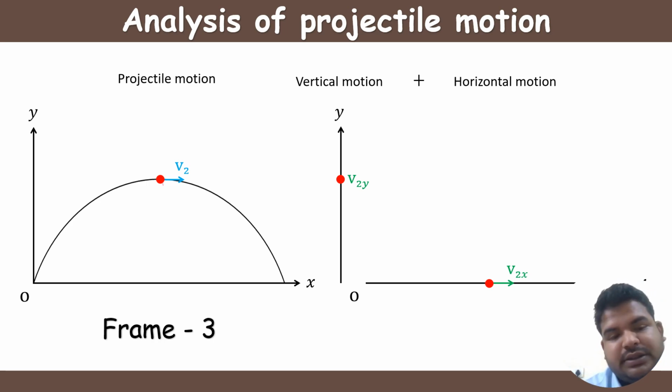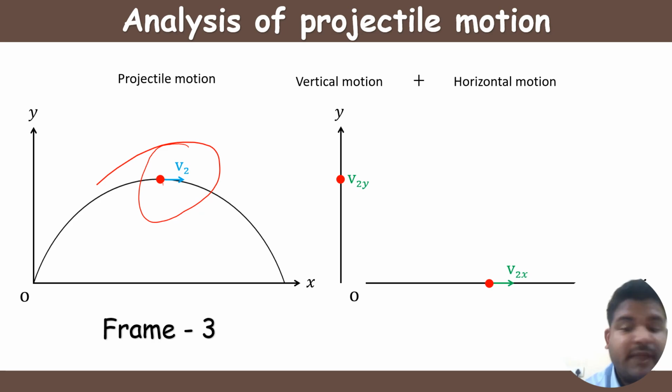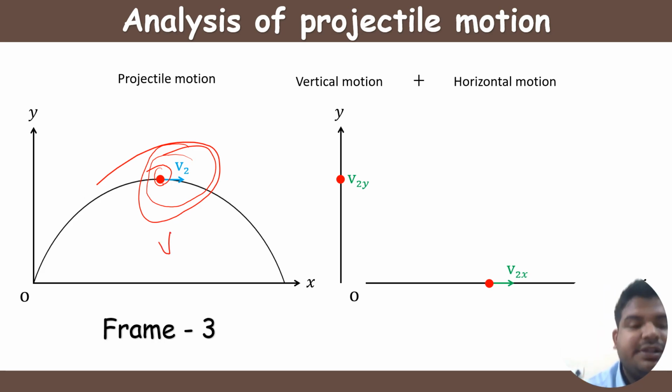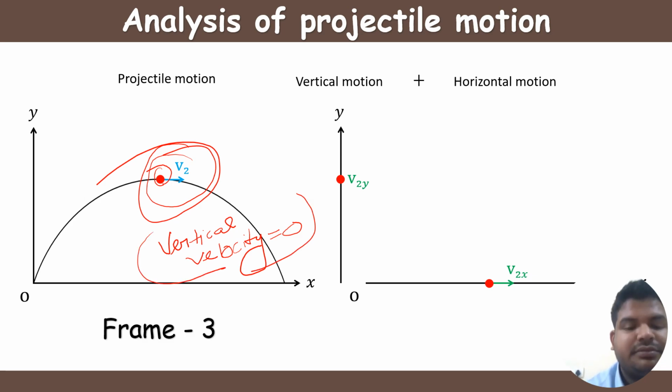What is the velocity here? Suppose a question asks, what is the component of the velocity here at the maximum point? Then what do you say? No vertical velocity. Vertical velocity is zero. You are getting my point?